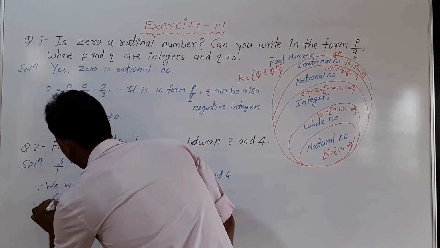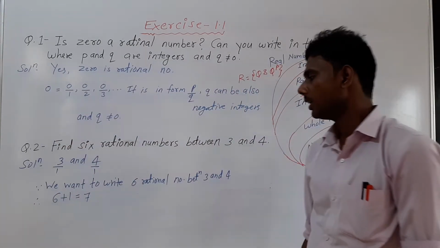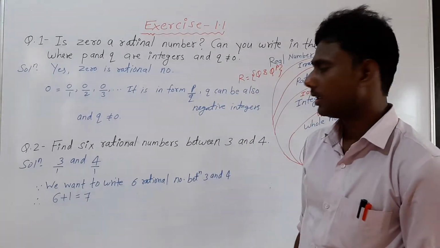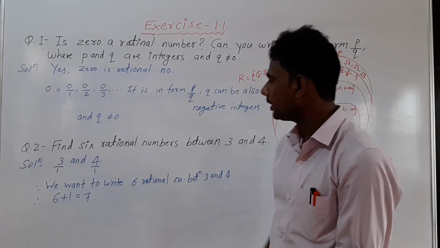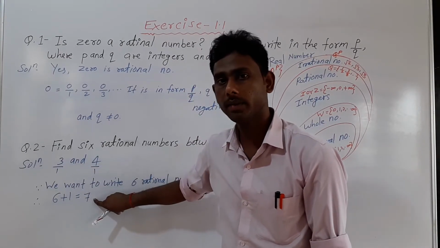Therefore, 6 plus 1 equals 7. 6 plus 1 equals 7 means we need to multiply the numerator and denominator by 7.